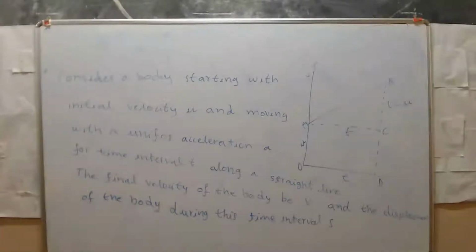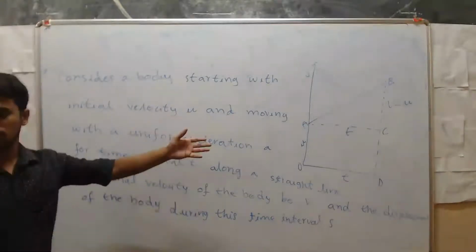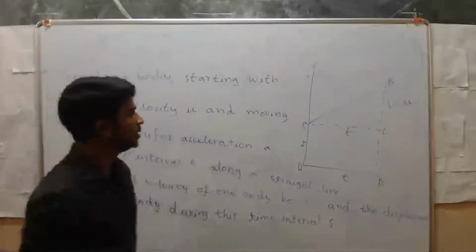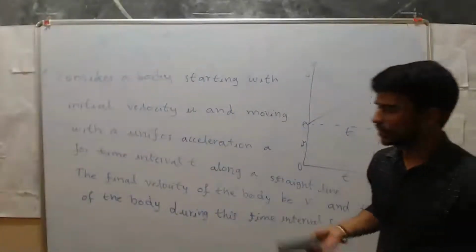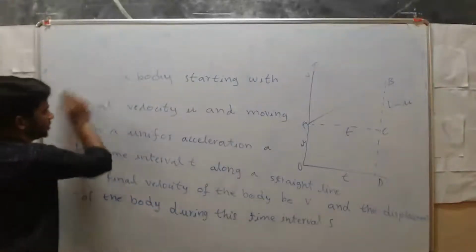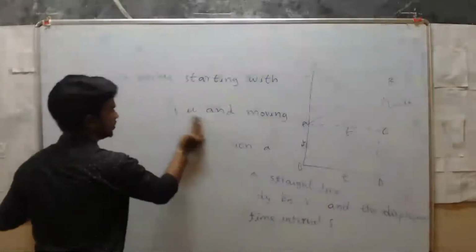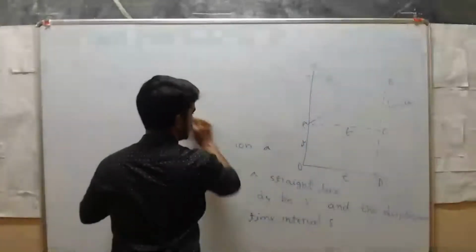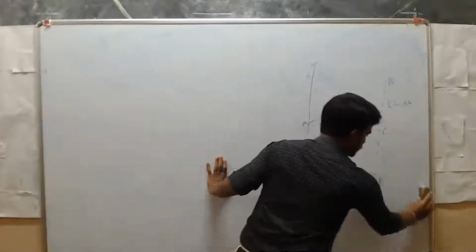Next, here this is the explanation of that graph. There is no need to write this one; you can explain that graph in your own words, but we have what is u, what is v, and what is a.